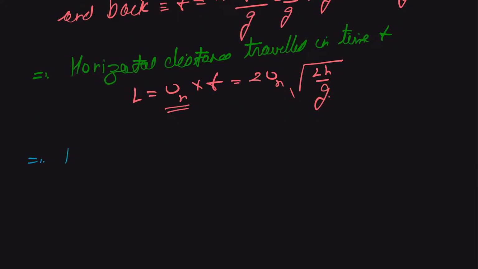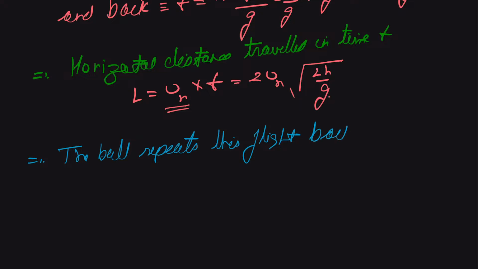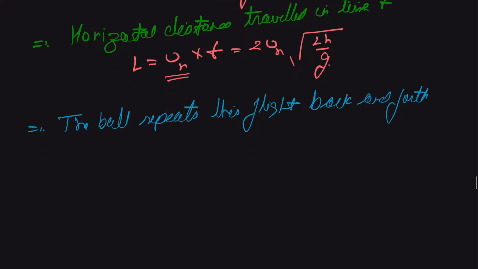So we can say that the ball repeats this flight back and forth, thus maintaining our Vx and our omega, and omega is nothing but Vx upon r.